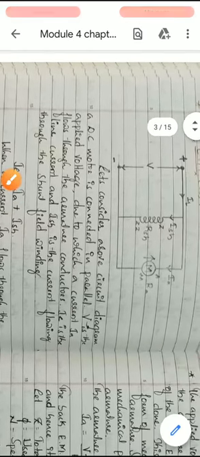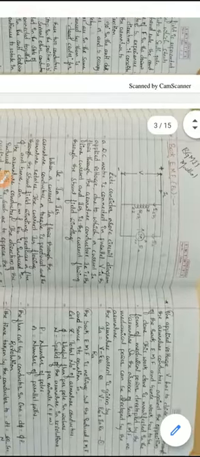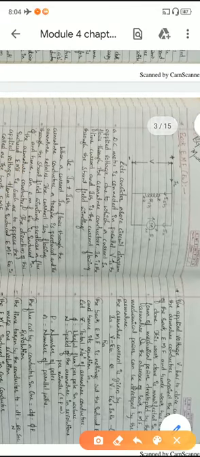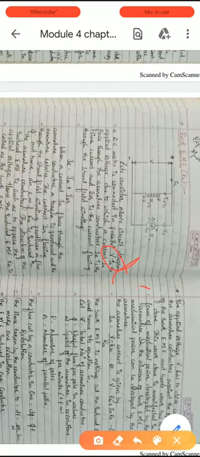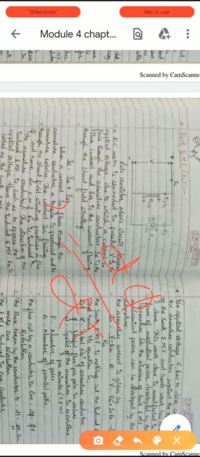According to Faraday's law, the rate of change of magnetic flux is called what? EMF. That is, an EMF is induced across the armature conductor.